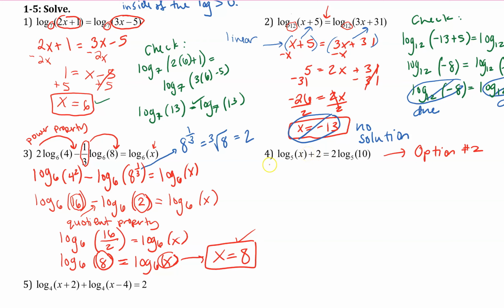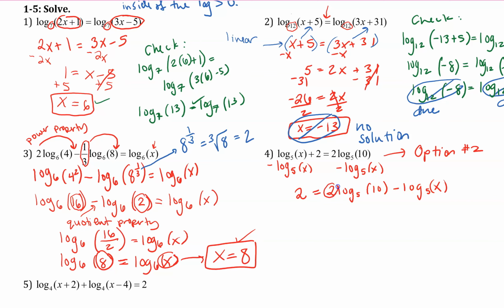I'm going to subtract this log expression to get it to the other side of the equal sign that has another log expression, and then combine the 2 log expressions. So I've got 2 on the left is equal to 2 times log base 5 of 10 minus log base 5 of x. And then I'll condense these log expressions into 1.